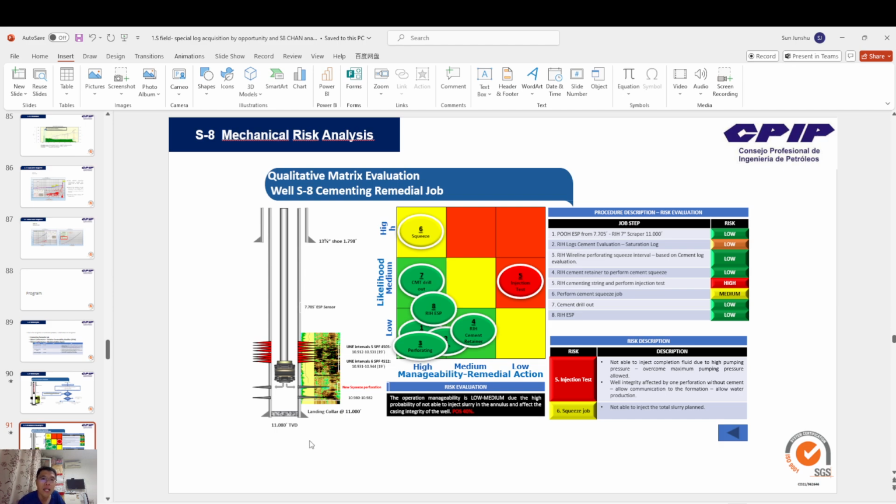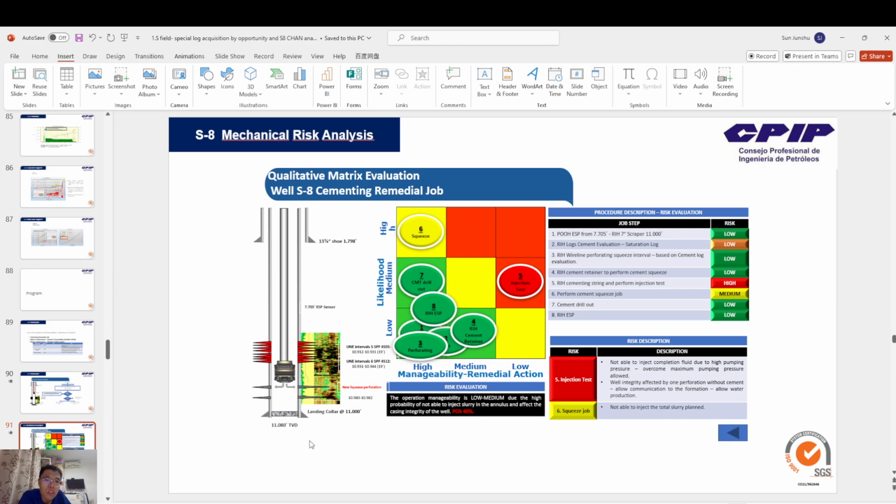Run in hole wireline perforating squeezing at well, based on cement log evaluation, risk is low. Run in hole cement retainer to perform cement squeeze, risk low. Run in hole cementing string and perform injection test, high risk.